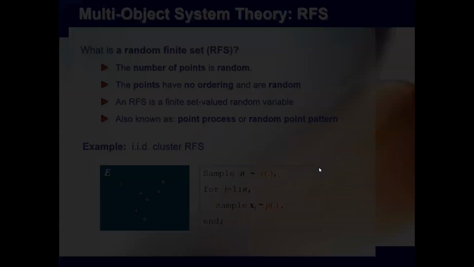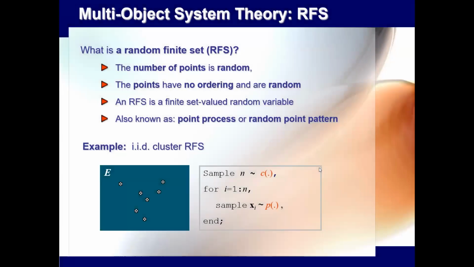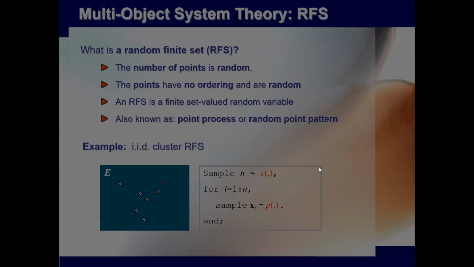But what you can see is that the distribution of the data points is random, and the number of points is also random. So you may think that it's a bit boring or simple, but no. We start from a very general mathematical description and design for the real world.